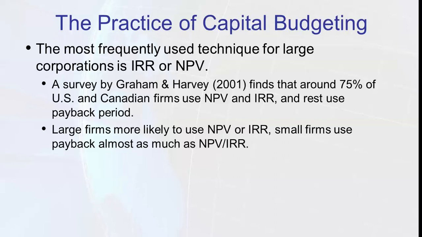Large firms are more likely to use NPV or IRR, and small firms use payback period almost as much as NPV and internal rate of return. This is not 100% certain, but this is the trend.